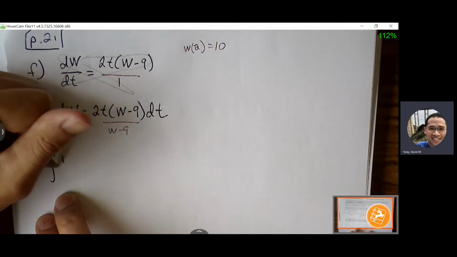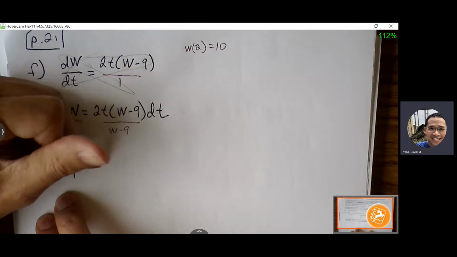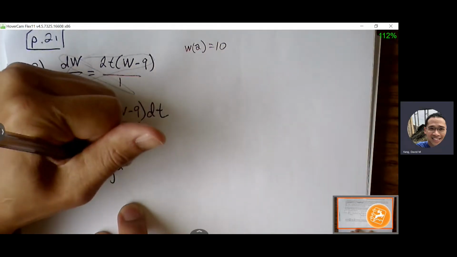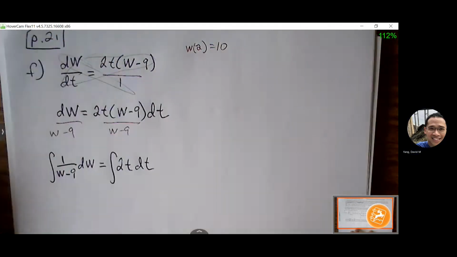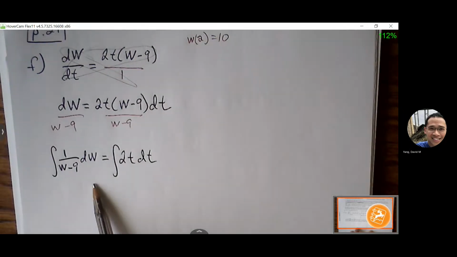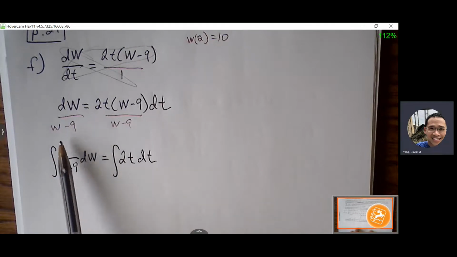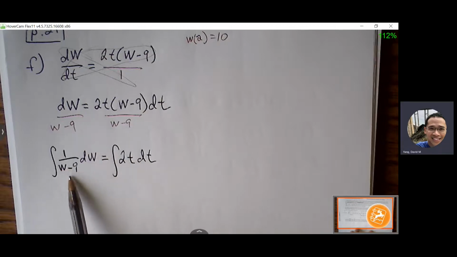I'm going to just write it in a way that hopefully it's easier to take our next step. Okay, left side in terms of W, everything on the right in terms of T. What do we have to go through on the left side here? A little bit of what?